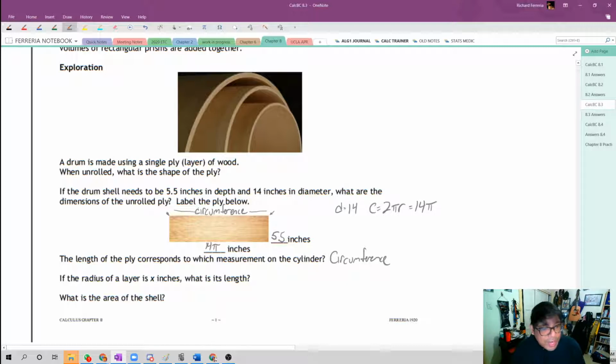And if the radius of the layer is x inches, then the circumference, which is the length, is going to be 2 pi r, which is 2 pi x. So what is the area of the shell? Well, in this case, this shell right here is just 5.5 multiplied by 14 pi. We don't really need a number for that.